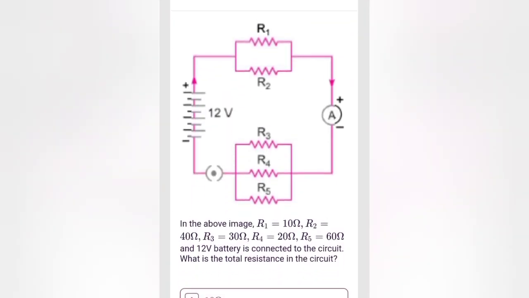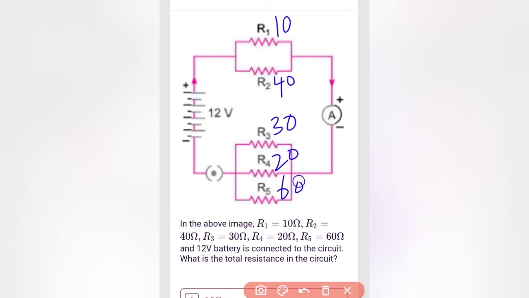Here in this circuit, R1 is 10, R2 is 40, R3 is 30, R4 is 20 ohm, and R5 is 60 ohm, connected to a 12 volt battery. We need to find the total resistance. That means this is a parallel connection, this is a parallel connection, then both are connected in series.